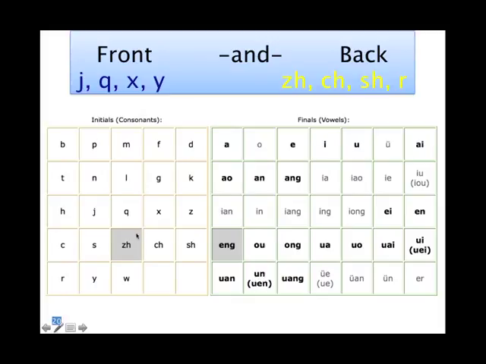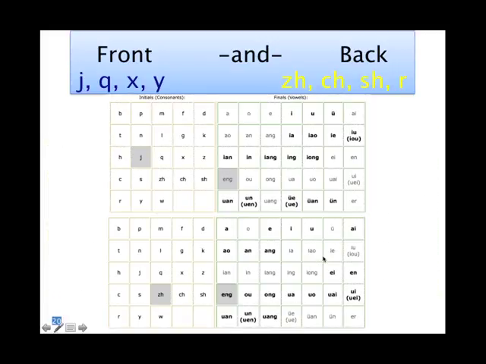On the other hand, zh, ch, sh, and r can never occur with these I beginning vowels or with the U beginning vowels because it's too far back in the mouth. So if you compare the two, J, Q, X, and Y, and zh, ch, sh, and r, the ones they combine with are opposite. Again, too much information, 欧老师.